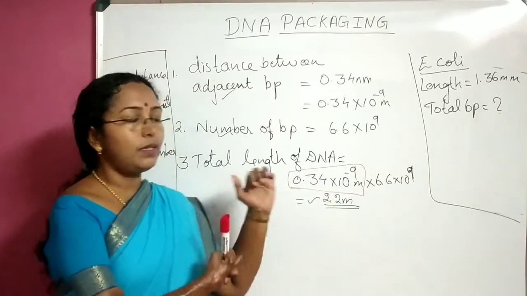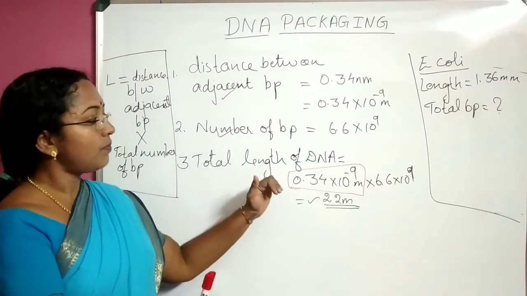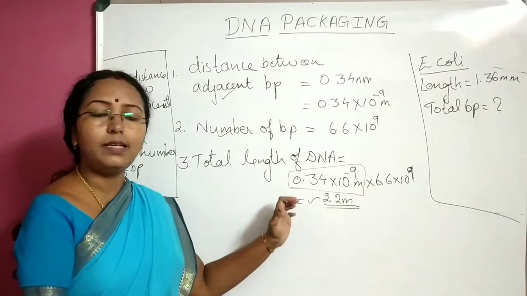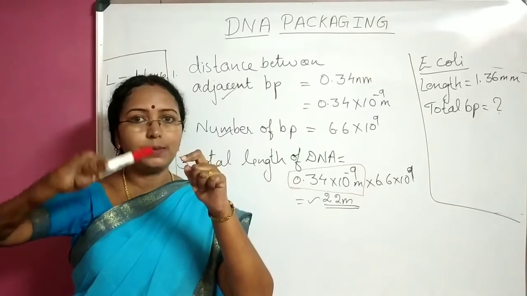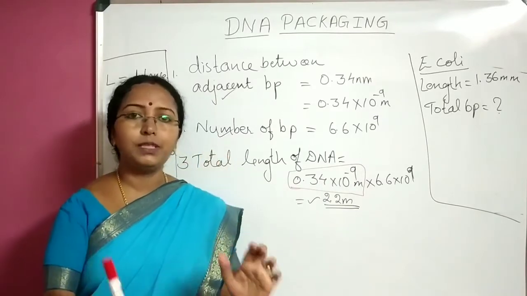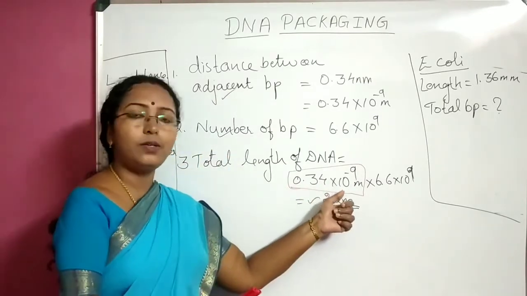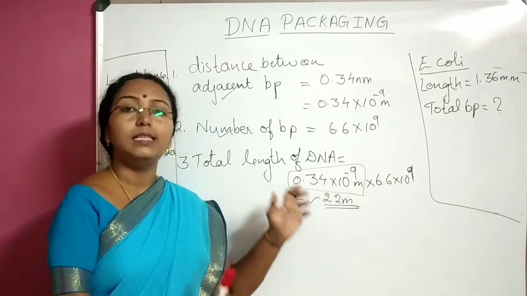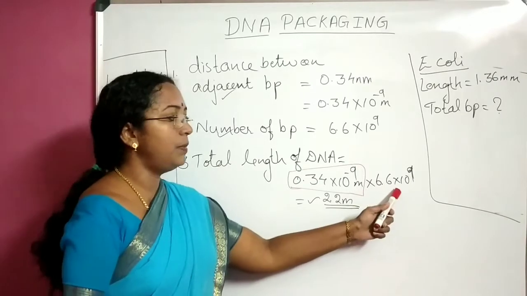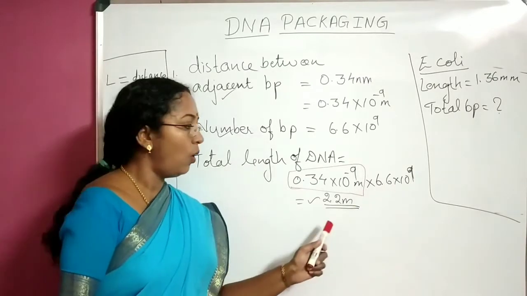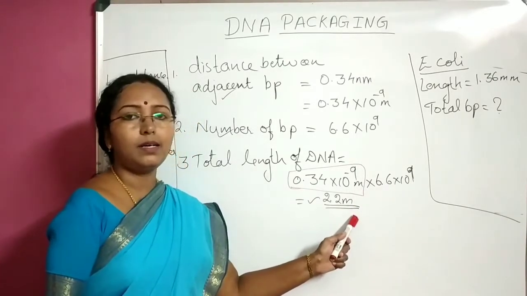So in this session, if it is B DNA, the distance between adjacent bases, like I told you, the distance between two steps in a ladder, is fixed. It is 0.34 into 10 raised to minus 9 meters. This is fixed. So what can change is either the number of base pairs or the total length.